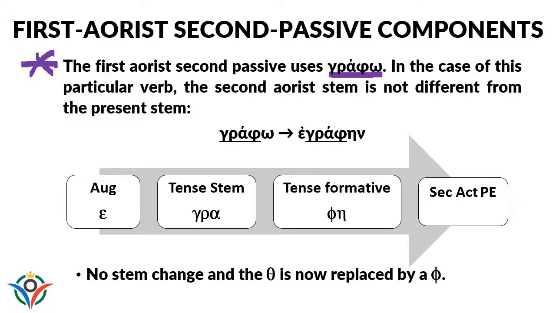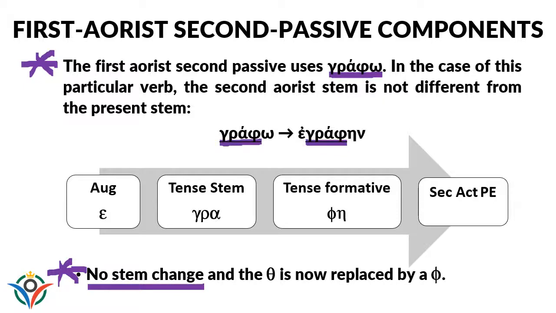And in the case of this particular verb, grapho, the second aorist stem is not different from the present stem. So have a look here. Grapho, the stem is graph, and the stem of the second aorist passive is egraphen. So you can see here that no stem change takes place.